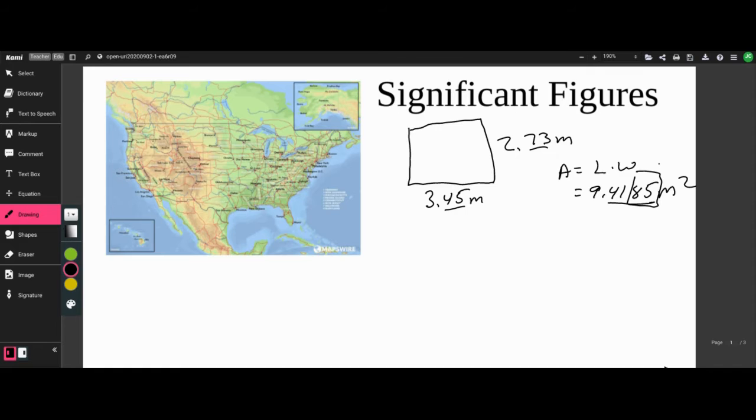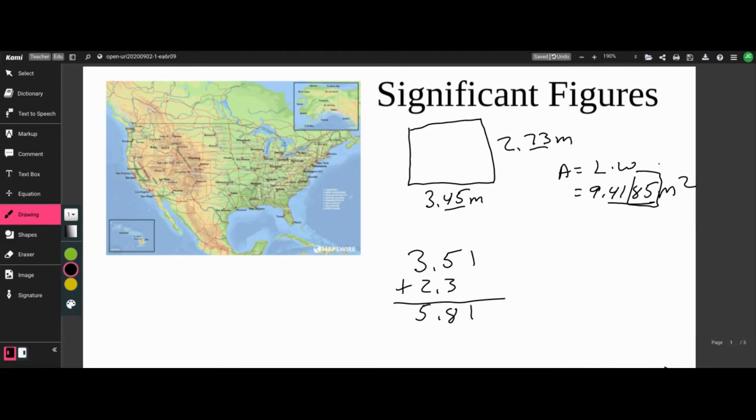Let's say that I have 3.51 plus 2.3. When I add these together, I end up with 5.81. My answer cannot have any more decimals than the number with the least number of decimals when adding.